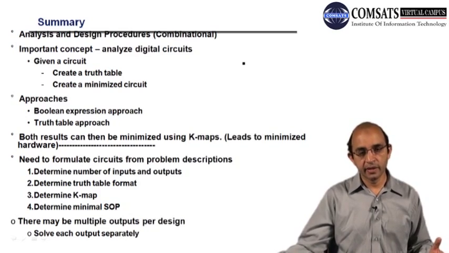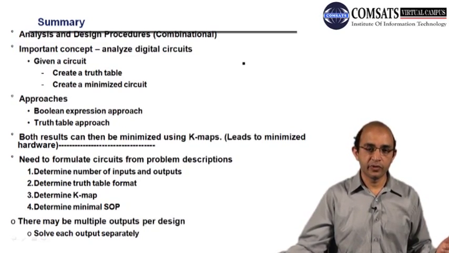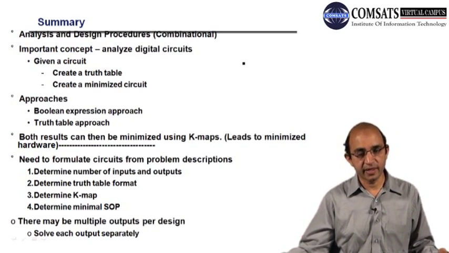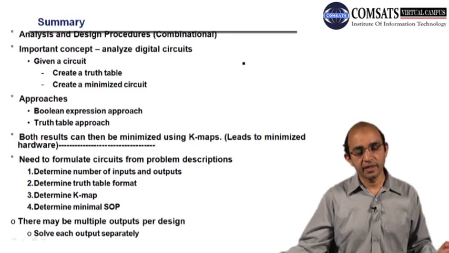On the other hand, in the design procedure, we normally focus on the flow from the input to the output, right? And moreover, we also learned that there is a very thin line between the design procedures and the analysis procedures, right?